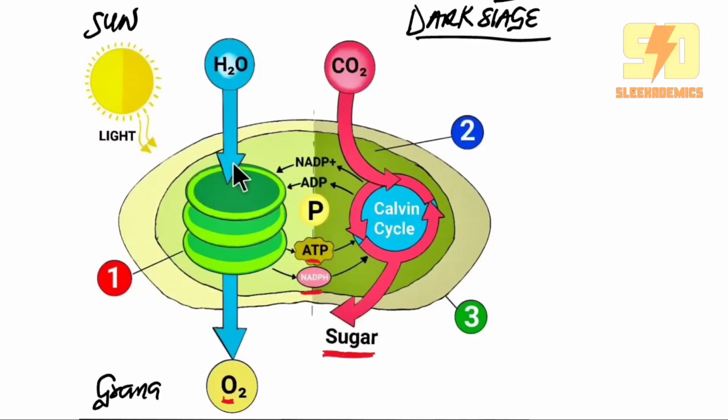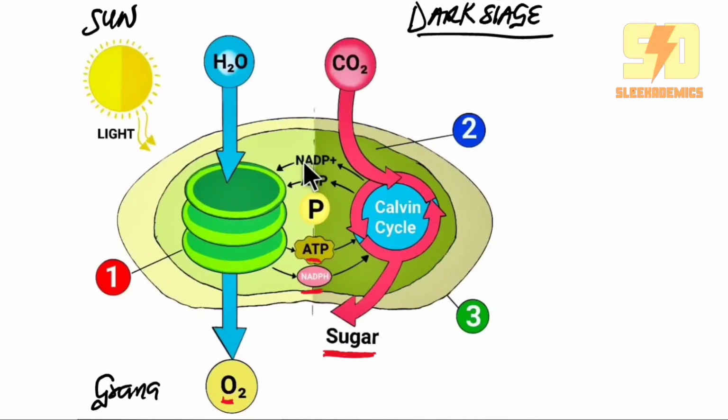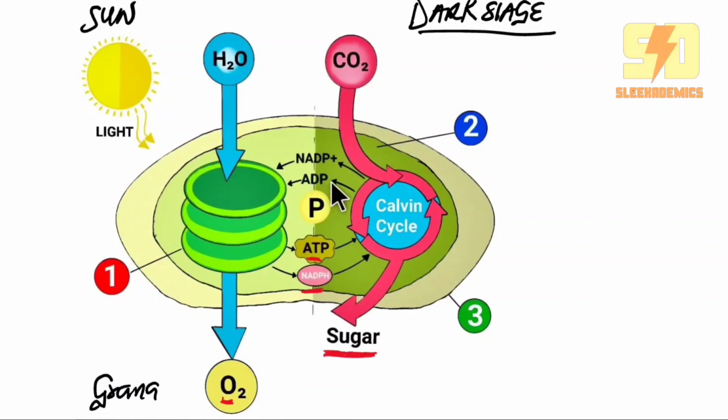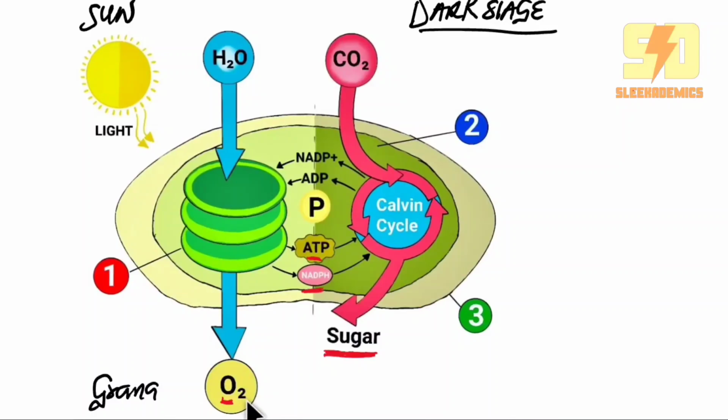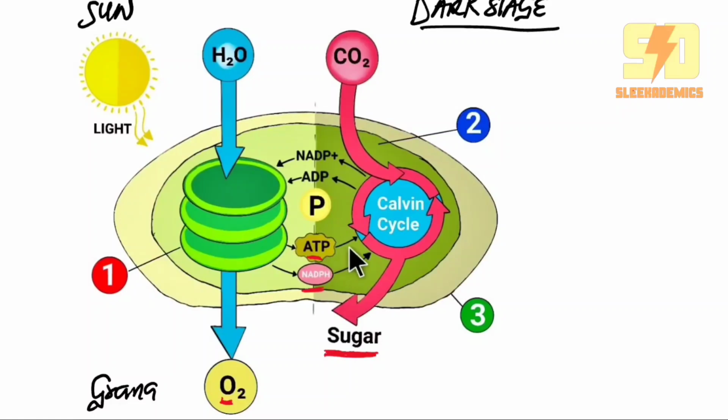So let us quickly make a recap of what happens in the light stage. One, there is trapping of the sun's energy, introduction of water, and then reduction of the NADP plus to NADPH, and also the production of ATP using ADP and a phosphate group to give us adenosine triphosphate, and oxygen is released as a byproduct. Now NADPH and ATP are introduced into the dark stage where they go into the Calvin cycle, with ATP being the power engine that powers this process.